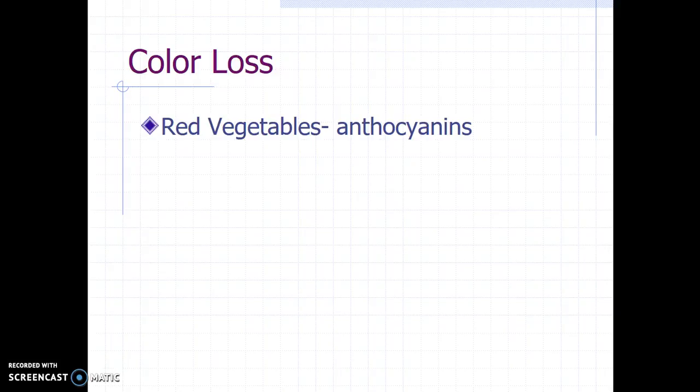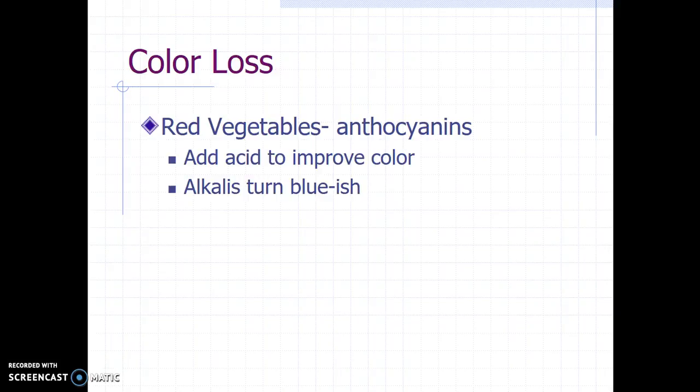Red vegetables, remember their coloring pigment is anthocyanins. Acids improve their color, right? Red vegetables, and orange too, are very stable. They're not going to lose a lot of the color like we would see in green fruits and vegetables. But if we add alkali, they're actually going to turn bluish, okay?